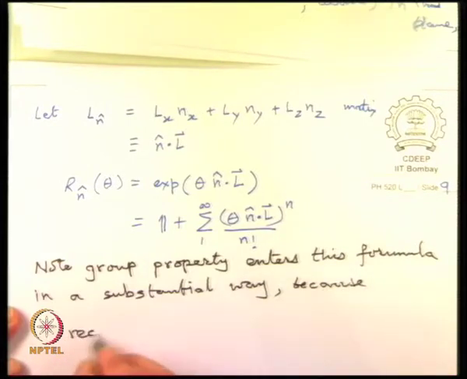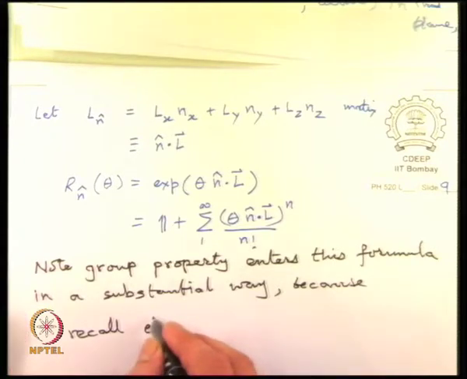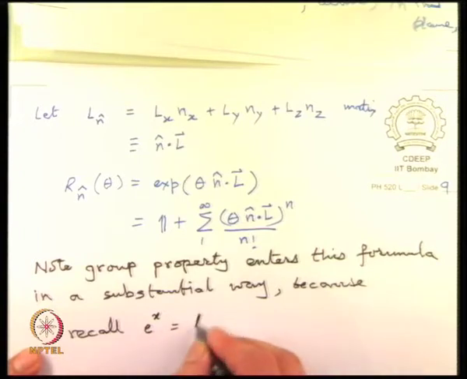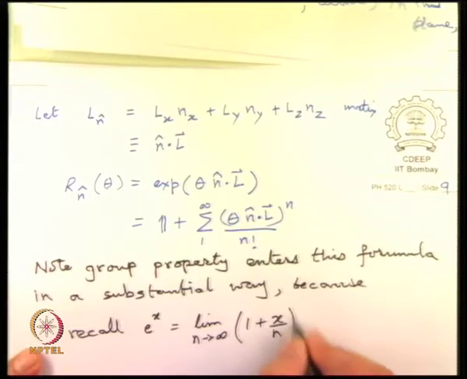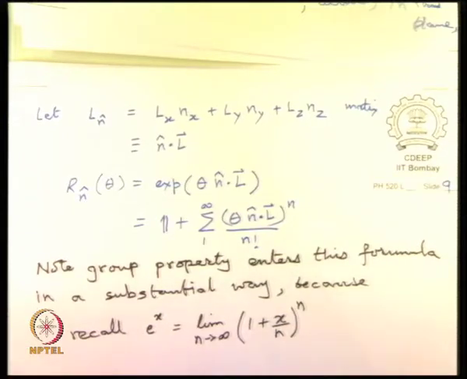Recall e raised to x is also obtained as a limit n going to infinity of 1 plus x over n to the power n, right? Good old Euler formula.